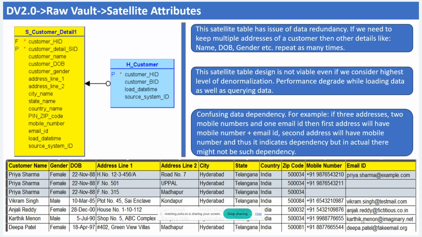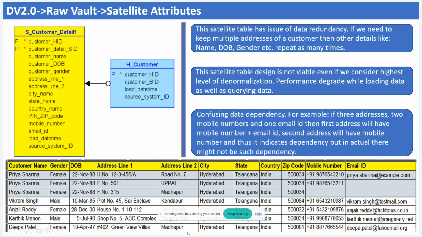Here we are trying to show that this address and this mobile number are related, or you can say dependent. Indirectly we are saying that this mobile number is attached with this location or this address of the customer. So this type of confusing data dependency is created when you distribute the attributes in an improper or wrong way.